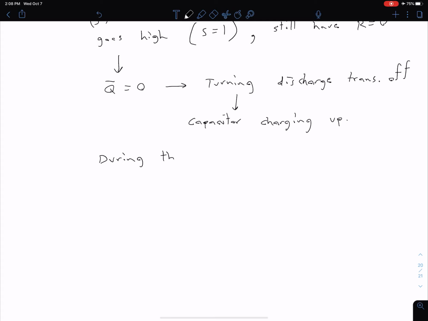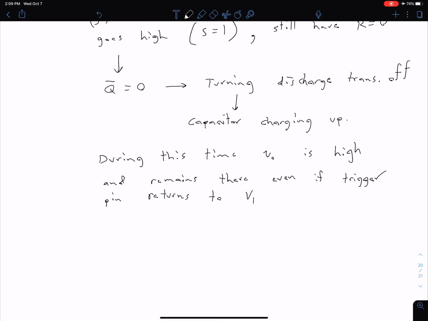So let's just make a note of our output here. During this time, our output, which let me just write V naught, is high. And it remains there even if our trigger pin returns to what we called earlier V1.